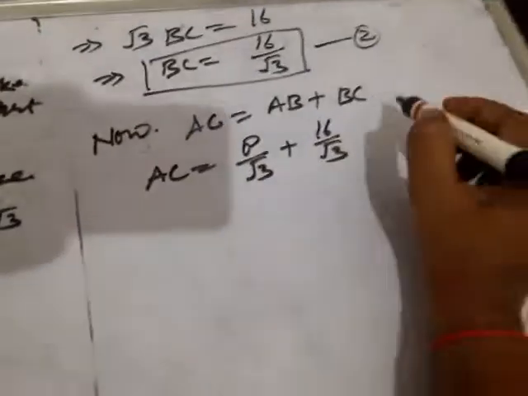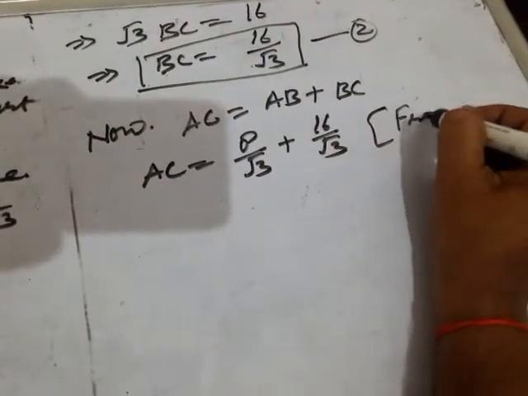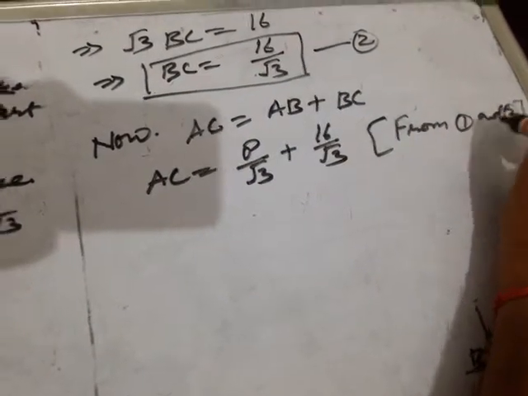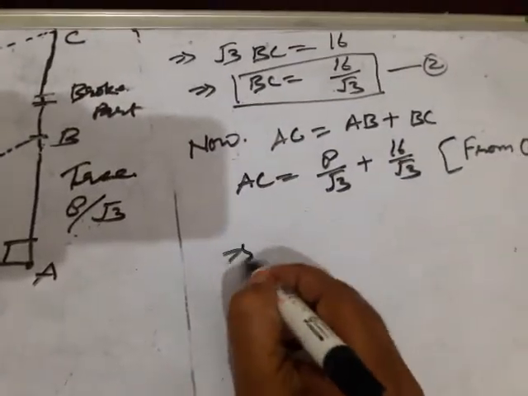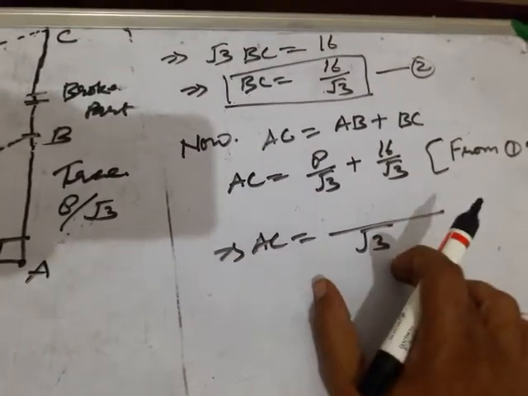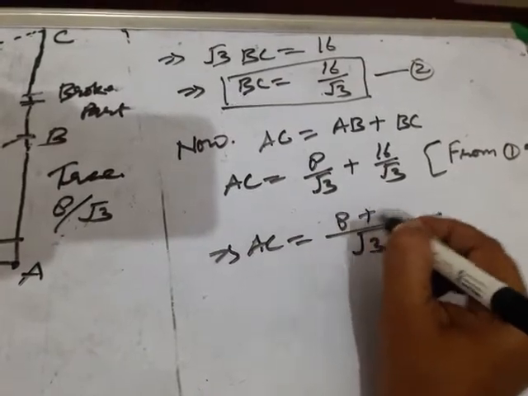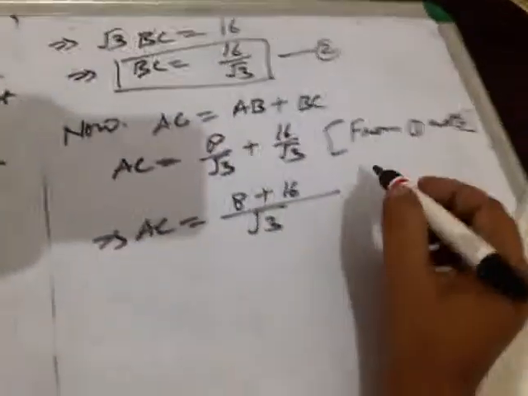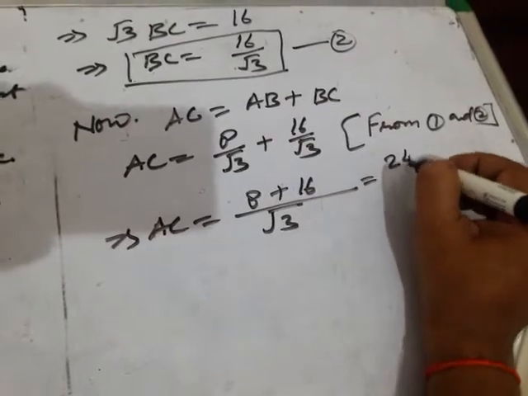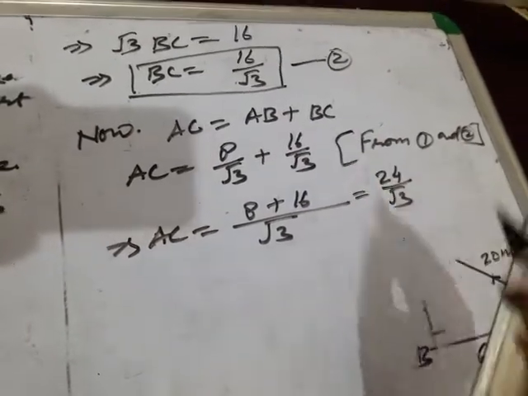Okay, children, here you can write from 1 and 2, we have put the values from 1 and 2. This implies that AC equal to, root 3 is the LCM, 8 plus 16, that is 24 upon root 3.